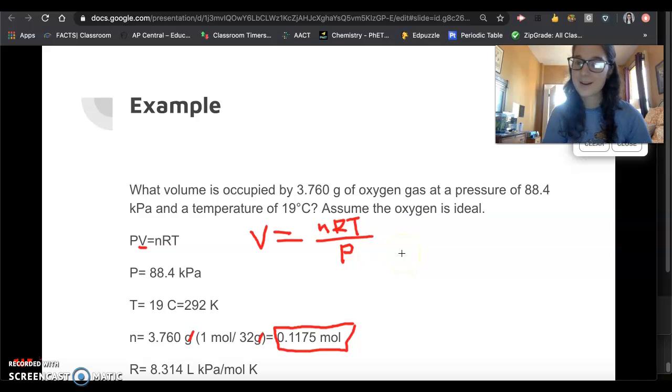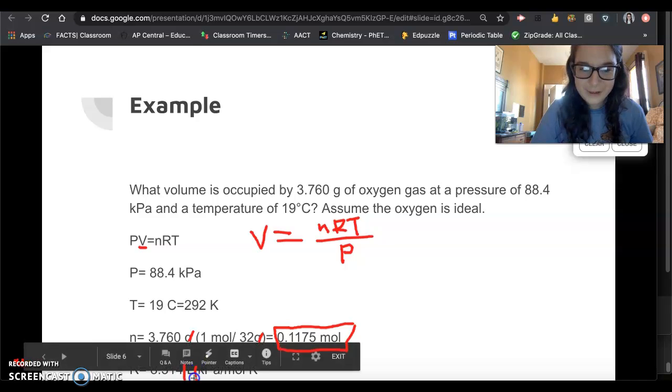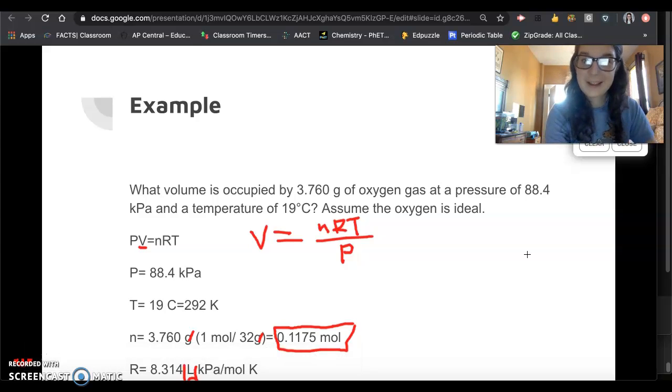You'll notice that the R I'm using is 8.314 because my pressure was given in kilopascals. Everything else is in a unit that works for that R value. And based on the value for R, my unit for volume is going to be liters, okay? So now I'm good to plug and chug.